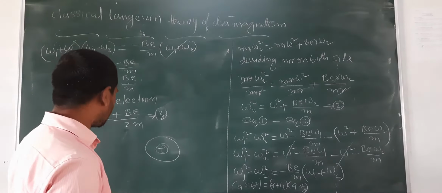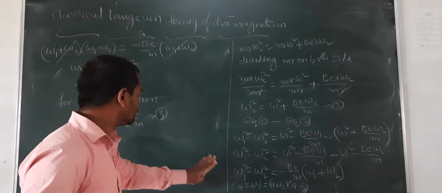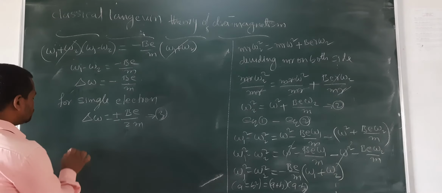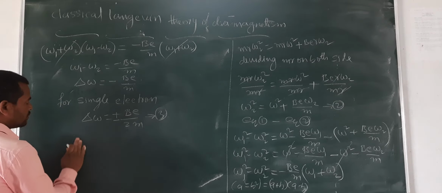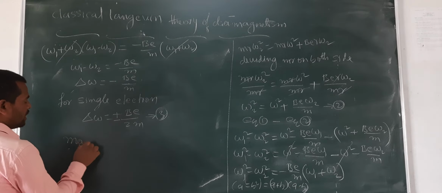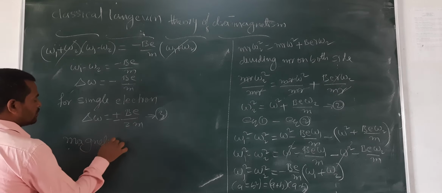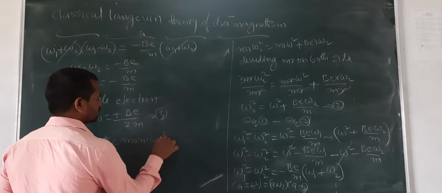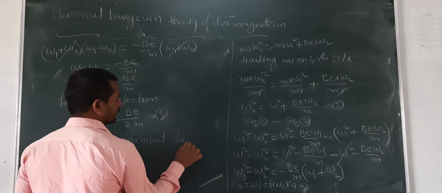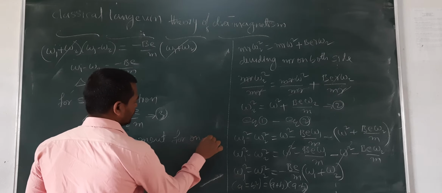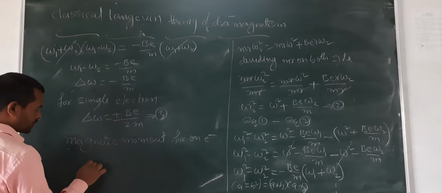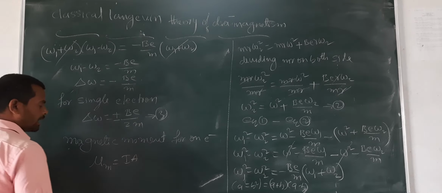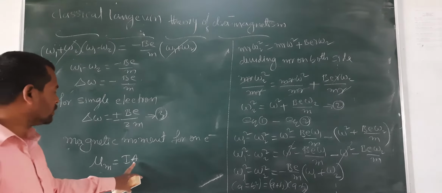So then, the magnetic moment for 1 electron, mu m, is equal to I A, current into area.